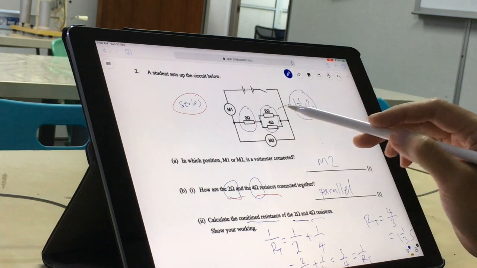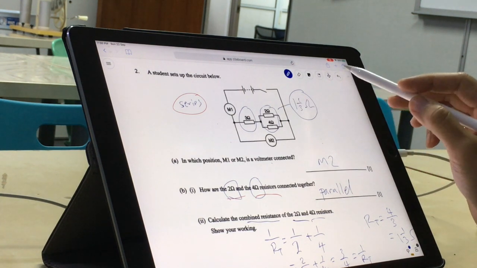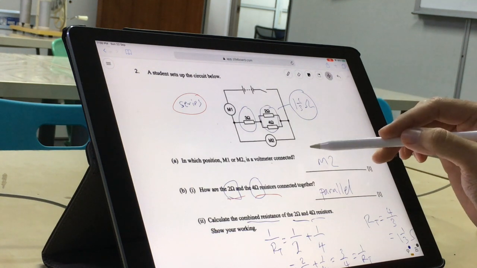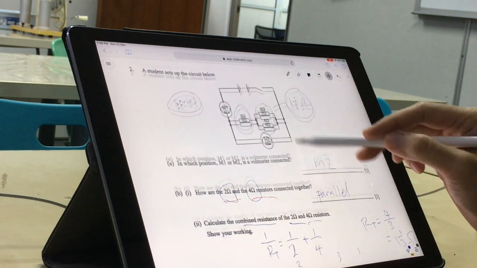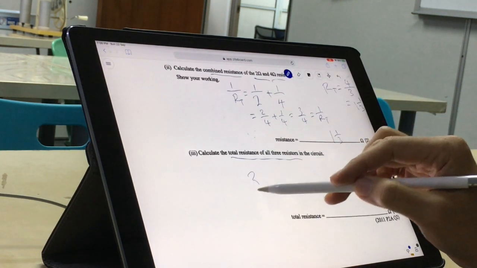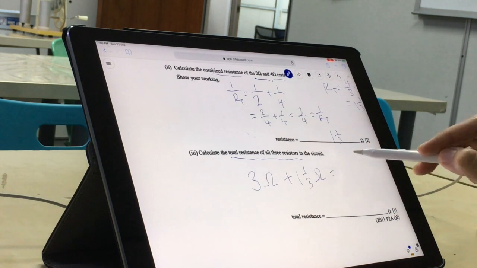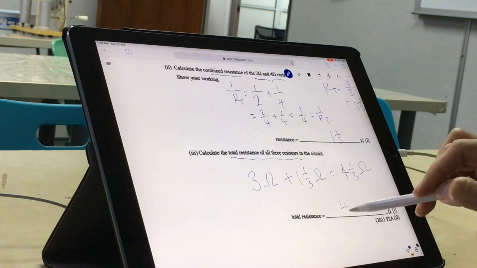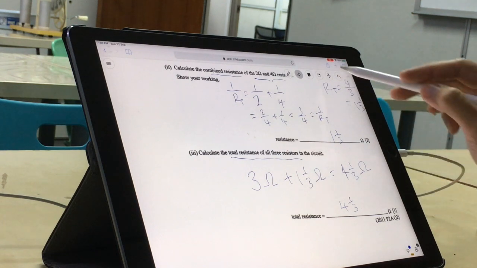Series. So for series, which formula do you use for resistance? Plus. Yes, you plus. So to find the total resistance, 3 ohm plus 1 and 1/3 ohm is 4 and 1/3 ohm. So total resistance is 4 and 1/3. Yeah, that's it.